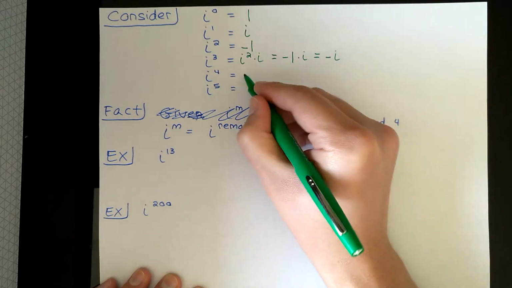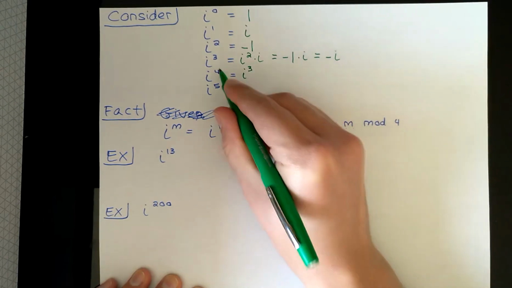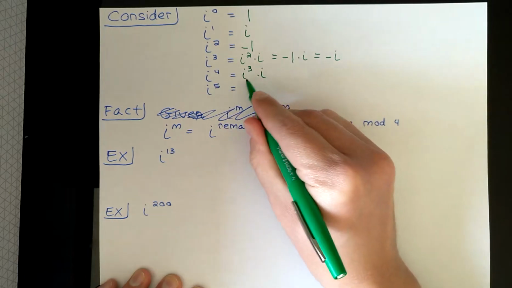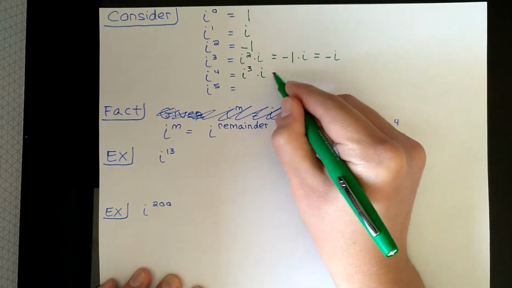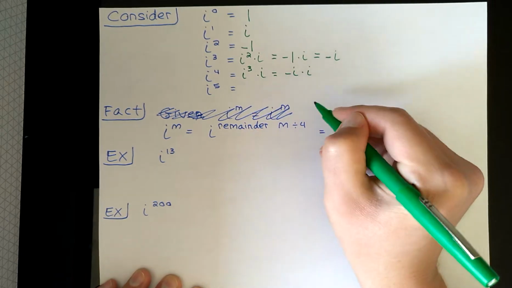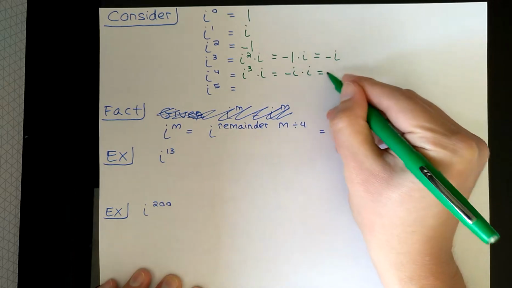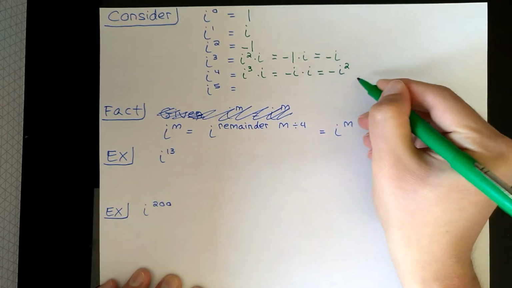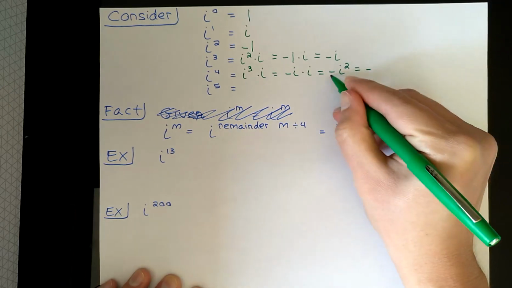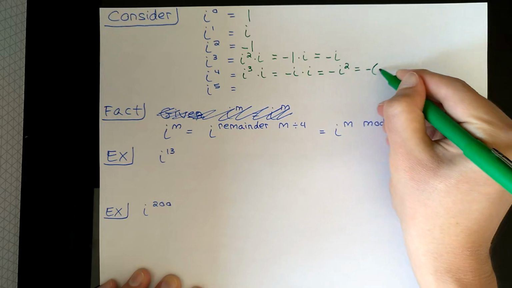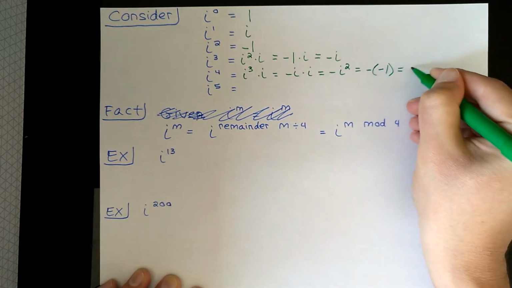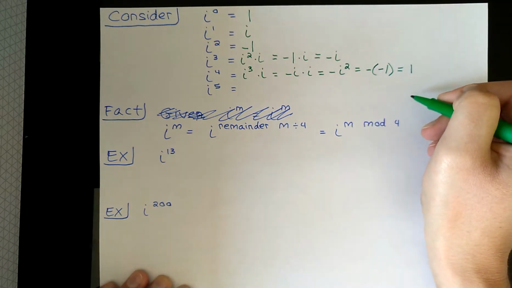We have i cubed times i again as i to the fourth, so if we take that negative i to represent i cubed, we'd get negative i times i. That gives us negative i squared. And negative times i squared is the same thing as negative times negative 1, which is positive 1.